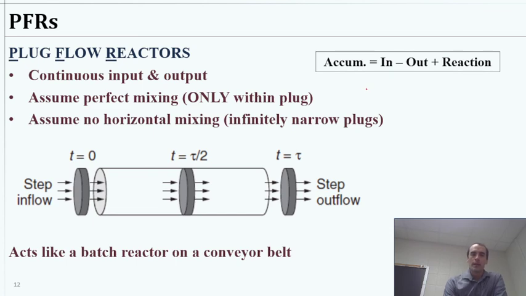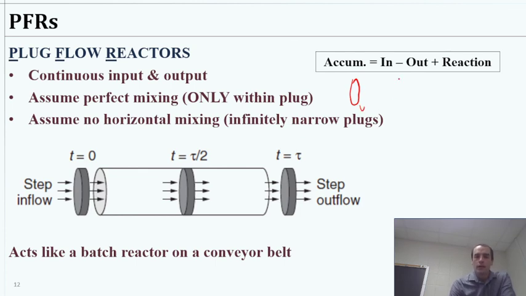So that means that for our mass balance, we can treat it a lot like we treat a batch reactor, where we are looking at the mass balance inside the plug. So we can take a look at just that little plug of liquid flowing through our system, and whatever happens to that plug is essentially what's happening to the entire system continuously.